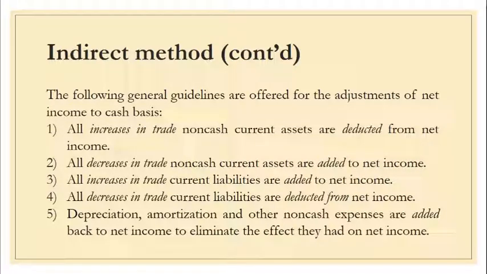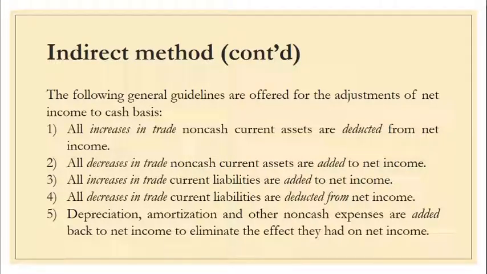So, if in the direct method, we do not include depreciation or amortization because they are non-cash transactions, in the indirect method, we take them into consideration by adding them back to your net income because they are non-cash transactions.